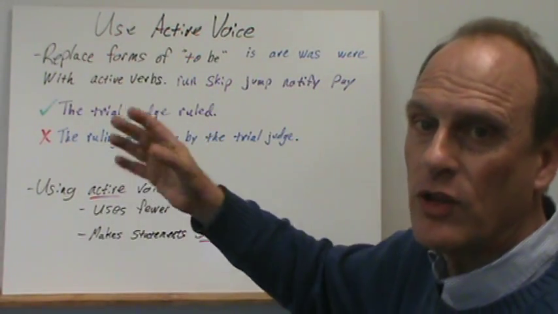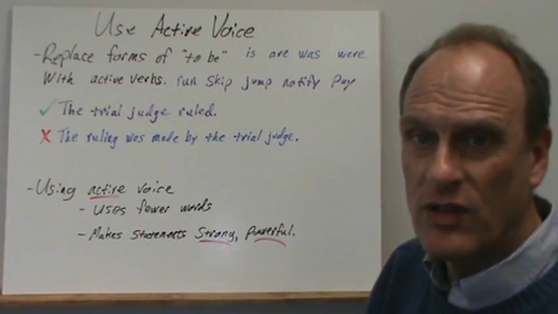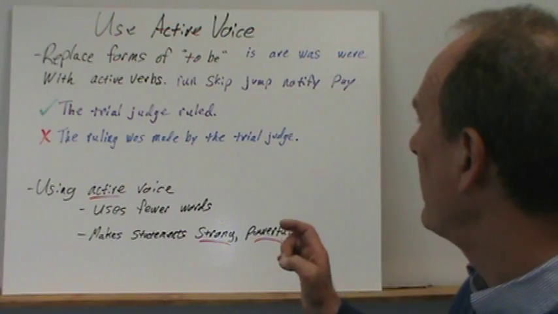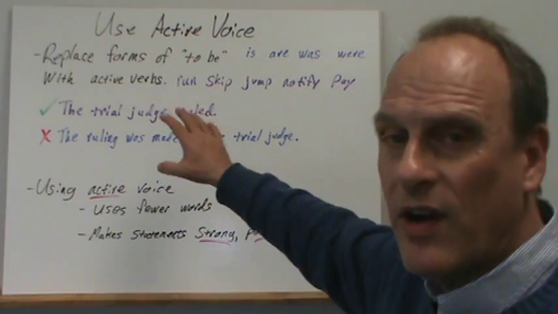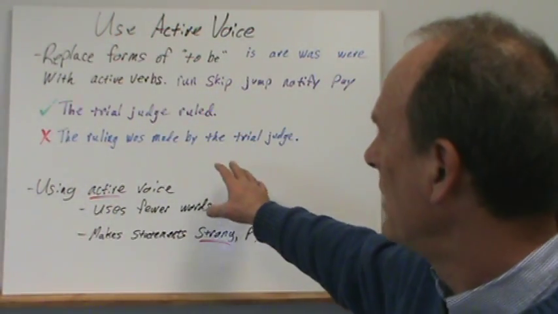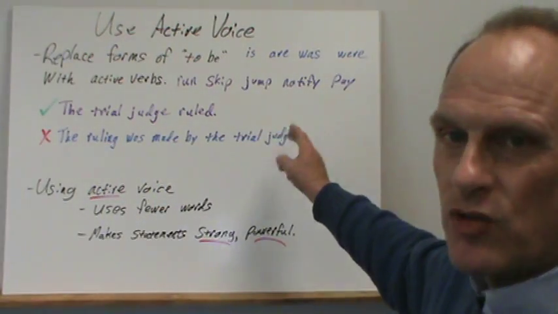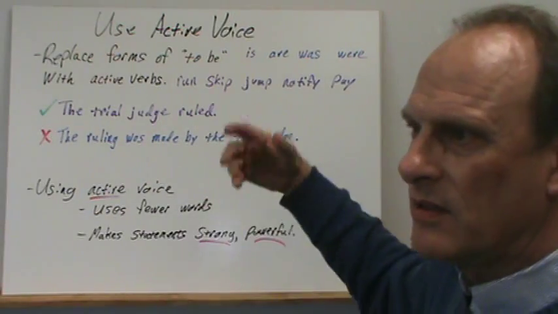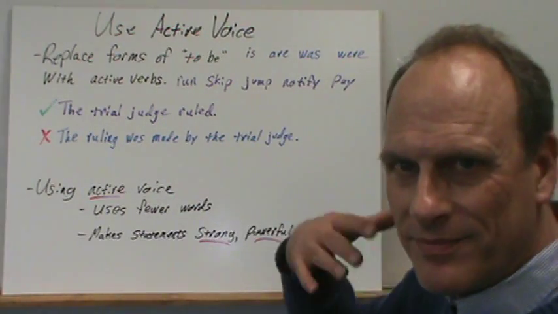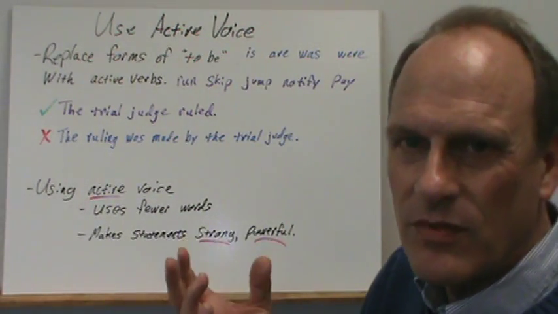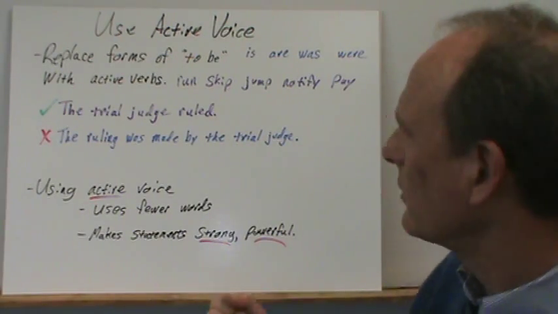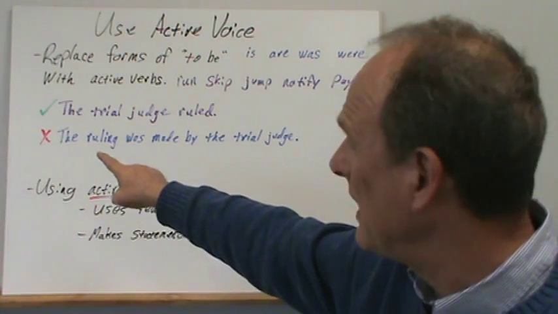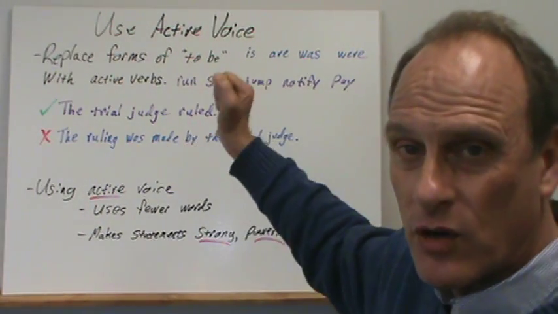We want to not use those as the verb in our writing, but rather use very strong active verbs like run, skip, jump, notify, pay, demand, deliver. Active, strong words. Examples.